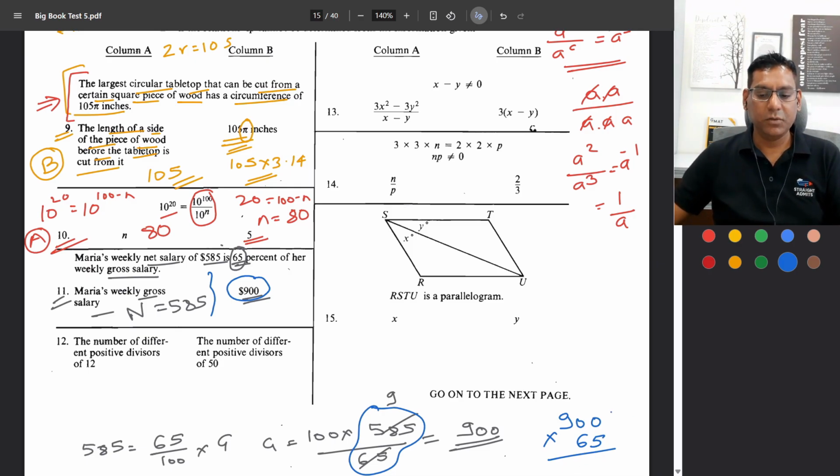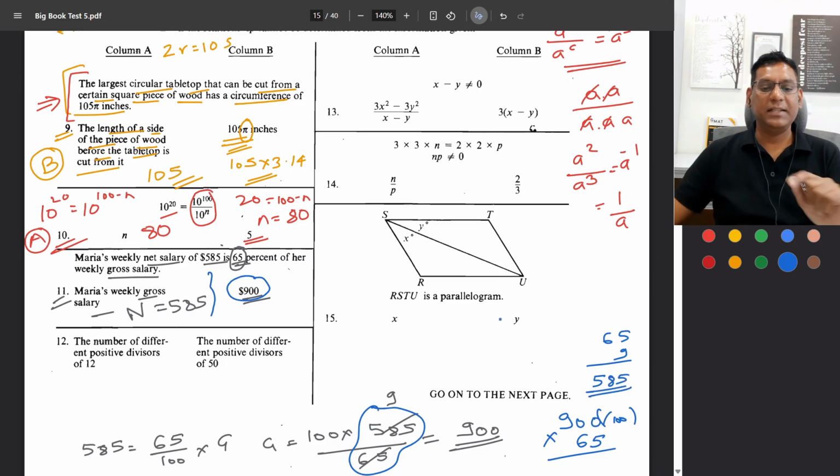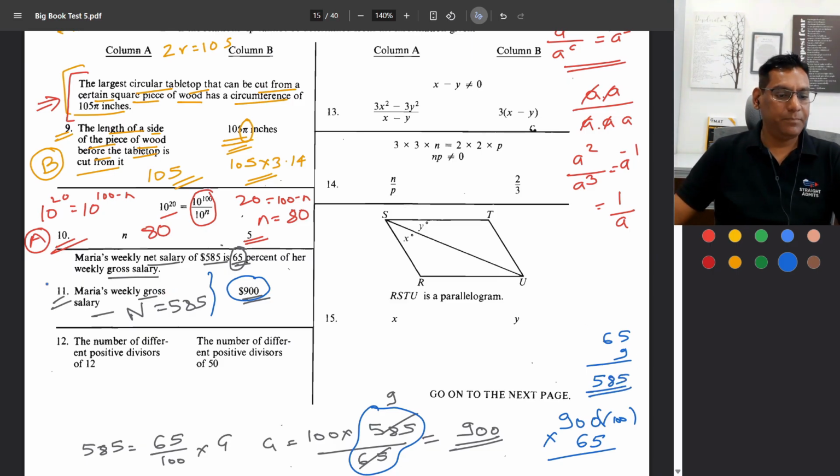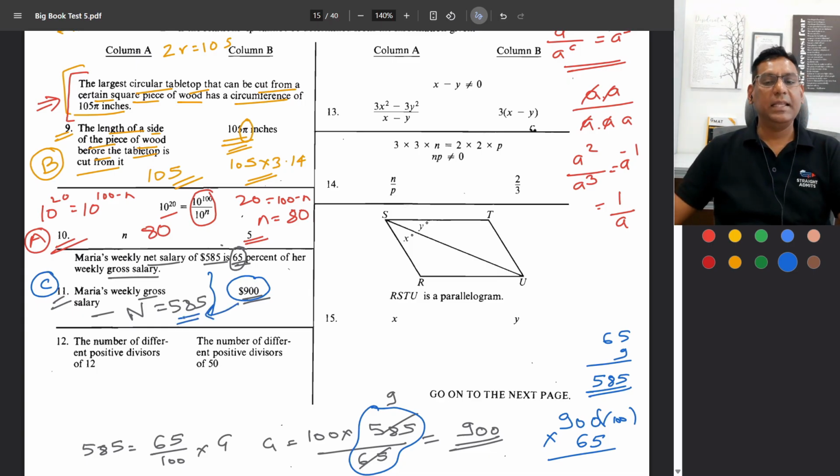Divided by 100, of course, because 65 is in percent, so it comes out to be 65 into 9. You will realize that 585 is what she gets in hand, which is the same thing here. So answer choice C. You could have done a reverse calculation and then compared that with 585, instead of taking 585 and then finding out the gross salary.